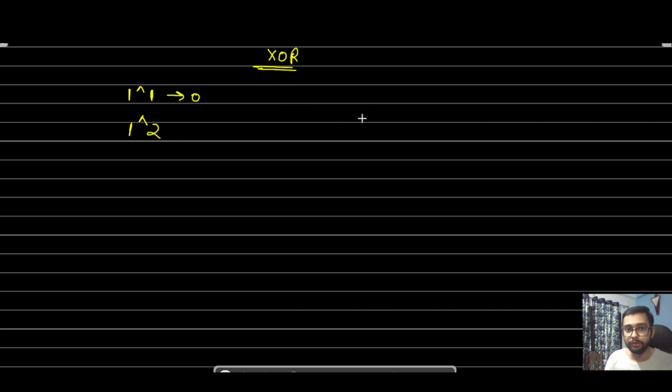How? XOR always works on bits, which are either 0 or 1. So let me quickly write the table for the bits.